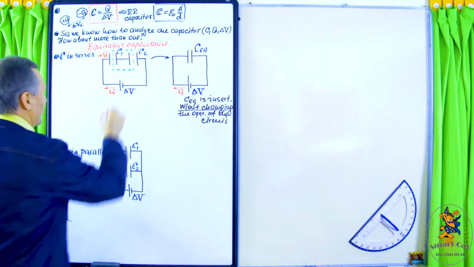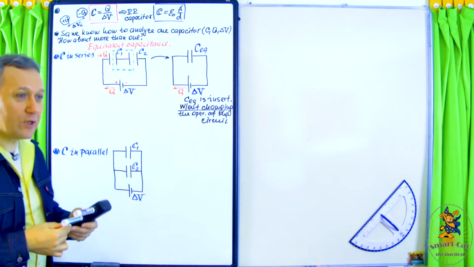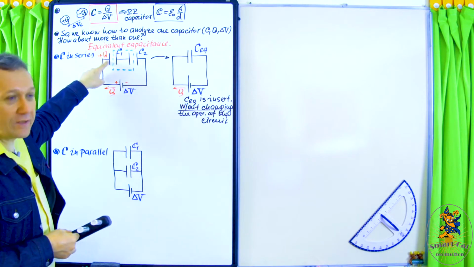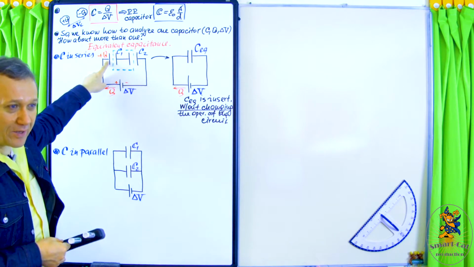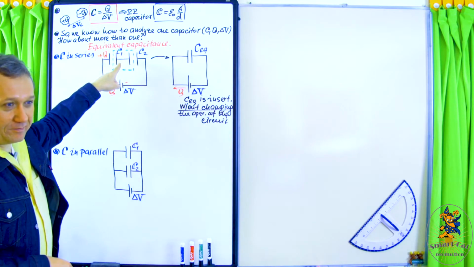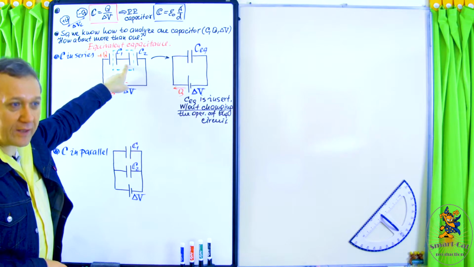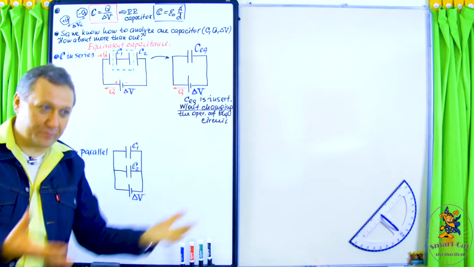giving us plus Q, because this is the positive electrode, and that is the negative electrode of the battery. So all this positive charge will end up on this electrode of the capacitor. Now, what will happen on the island? It's electrically neutral, but it still has tons of free electrons, because it's a piece of metal.